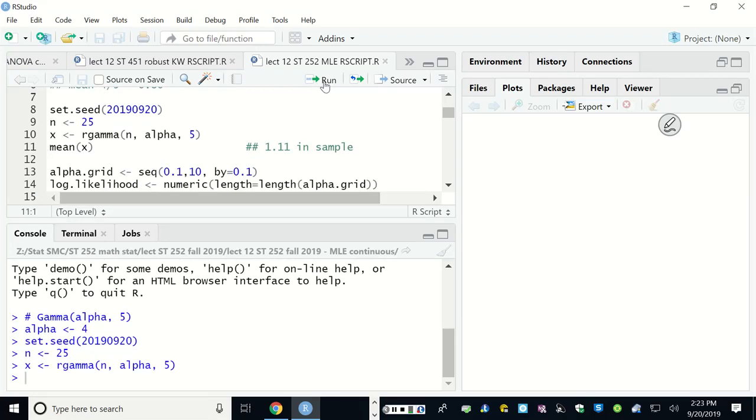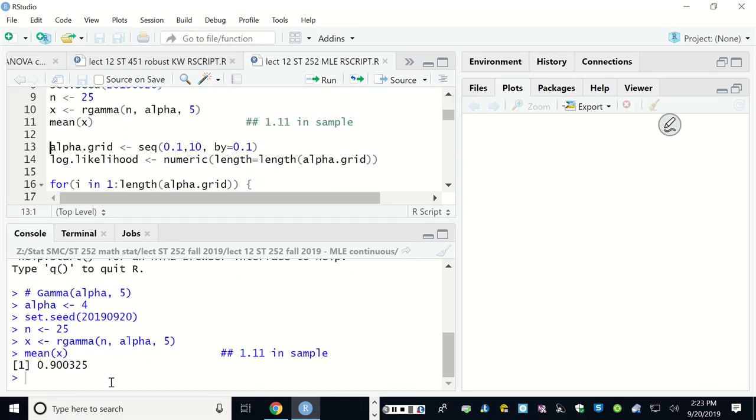And here's random gamma variables, 25 of them with the parameters 4 and 5. The average ends up being, the mean is 1.99. We'll use that. Right.